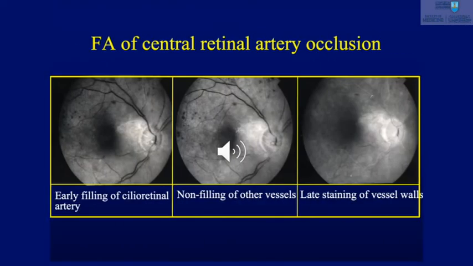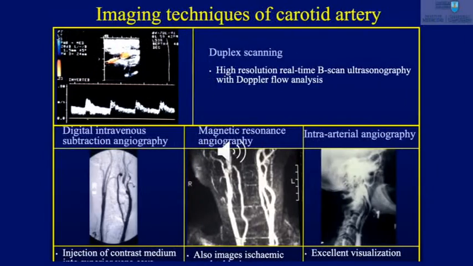If you perform fluorescein angiography of central retinal artery occlusion, there is early filling of the cilioretinal artery, non-filling of other vessels, with late staining of the vessel walls. If we get central retinal artery occlusion, we have to look for the source of the emboli. We have to perform imaging of the carotid artery in the form of duplex scanning, digital intravenous subtraction angiography, magnetic resonance angiography, and intra-arterial angiography.